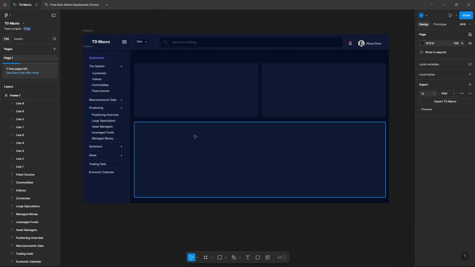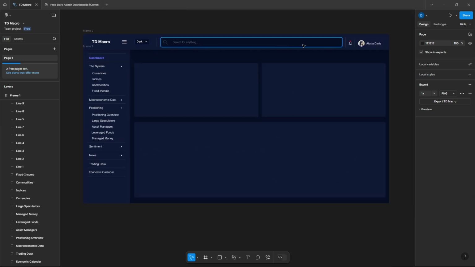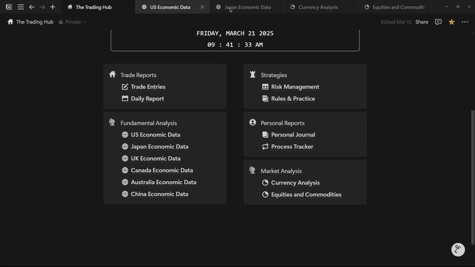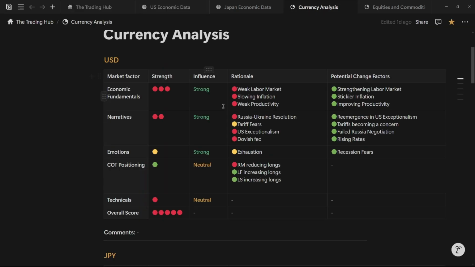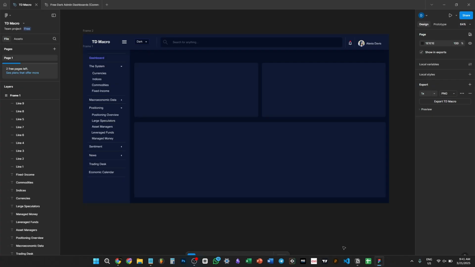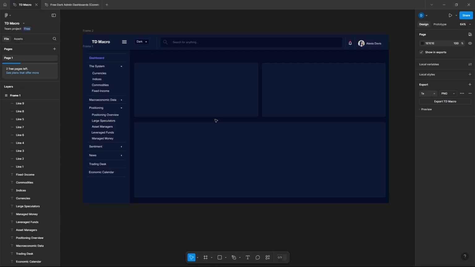This is the interface, just a regular dashboard, something very simple, nothing complicated. So that's how I analyze the markets at the moment. I have to do a lot of this stuff manually, so I have to track all of this manually. And in the future, hopefully a few months from now, I can get this software up and running, and I can automate all of my trading.